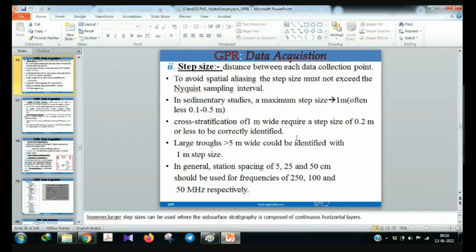In sedimentary studies, the maximum step size is 1 meter. To delineate the sedimentary feature, don't go for a larger step size. So we'll be going for 1 meter. You can go for a larger step size when there is a horizontal layer, like a horizontal succession of sand layers.